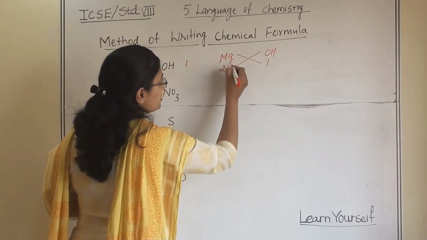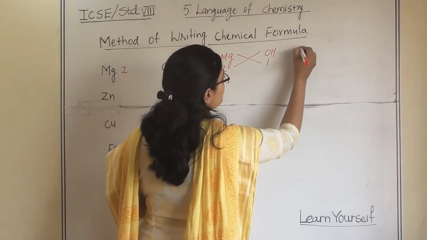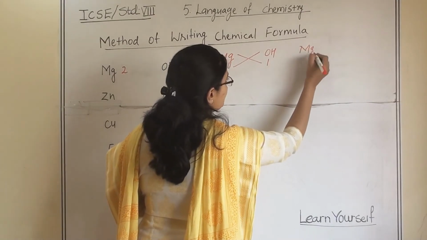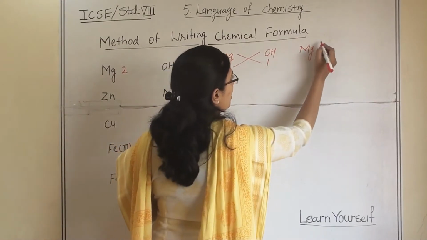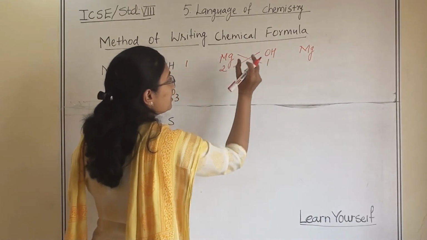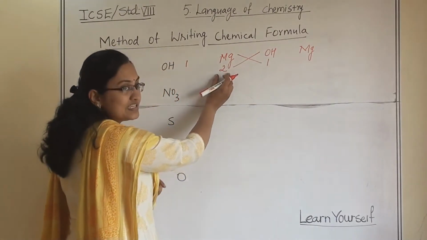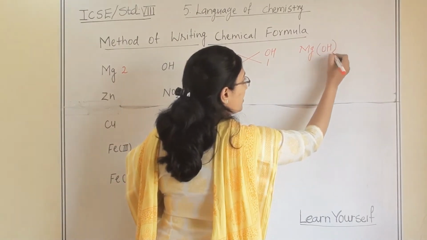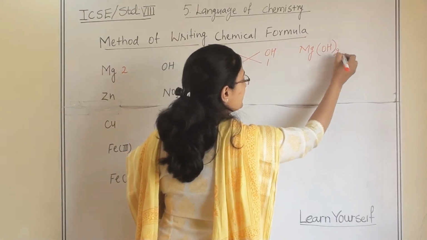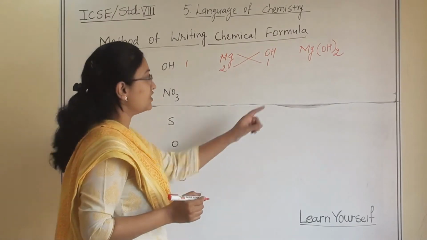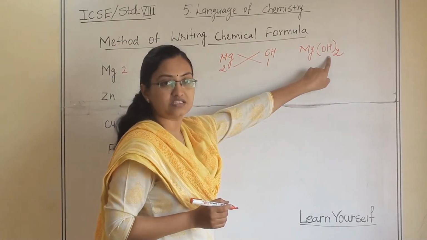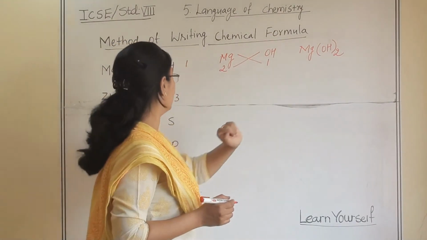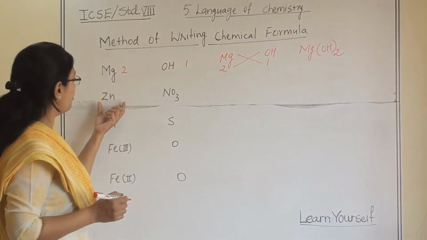So by the crisscross method, it is going to be Mg1. We are not mentioning the 1, and OH, the complete OH, is having 2. So we write OH in a bracket and then we write 2. So it is Mg(OH)2. It is magnesium hydroxide.